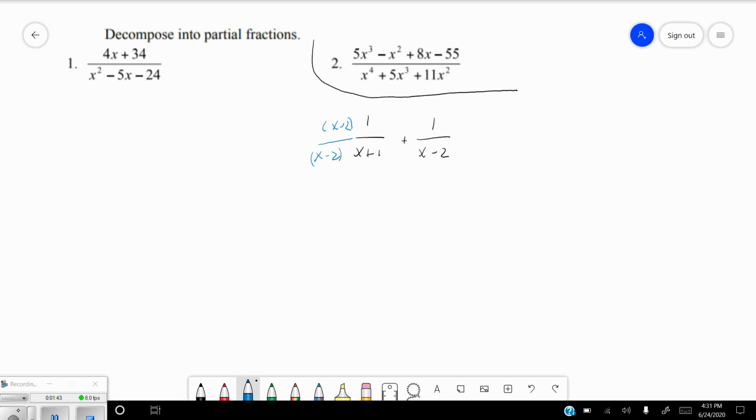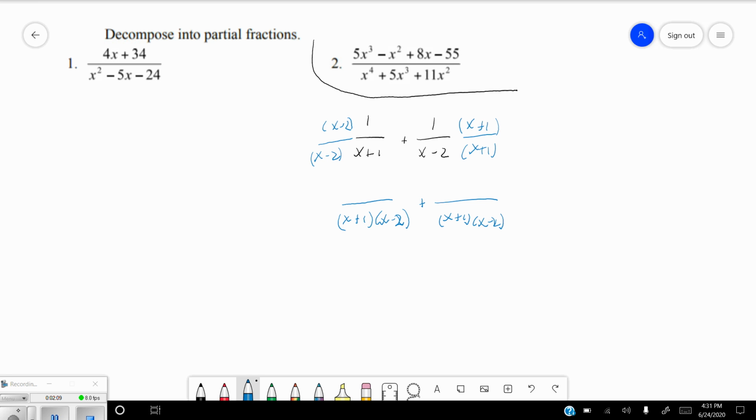And I'm going to have to multiply the second one here by x plus 1 over x plus 1. And that will get me my common denominator. So the common denominator here is going to be x plus 1, x minus 2.